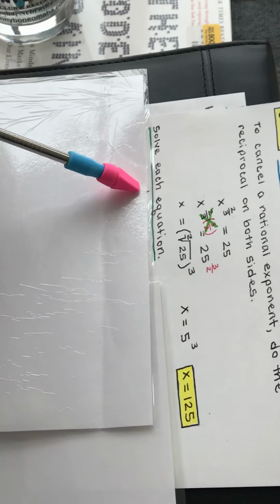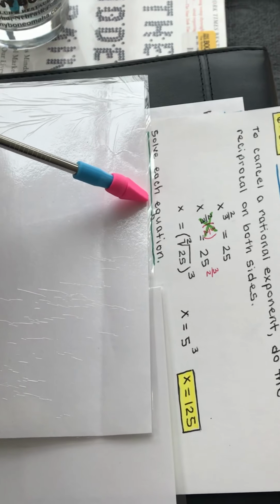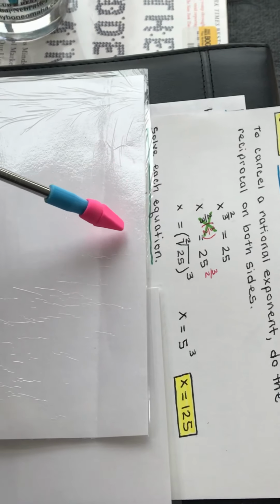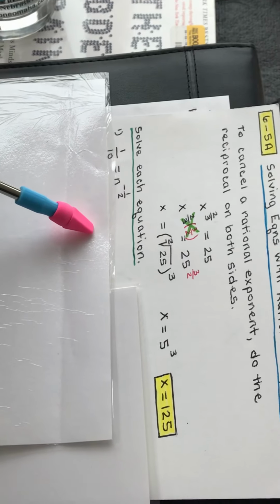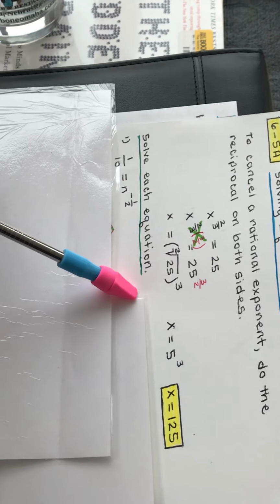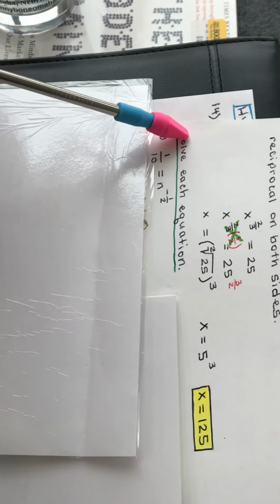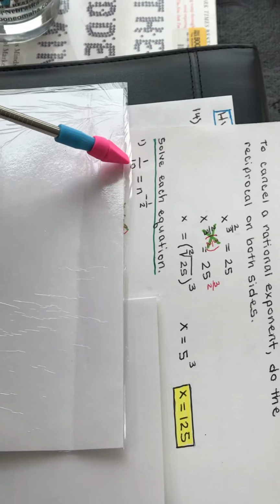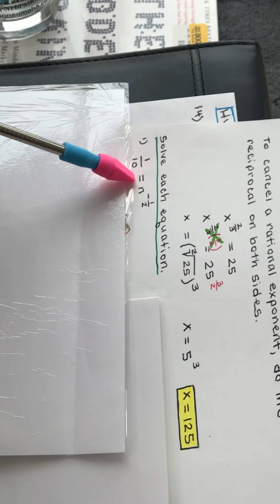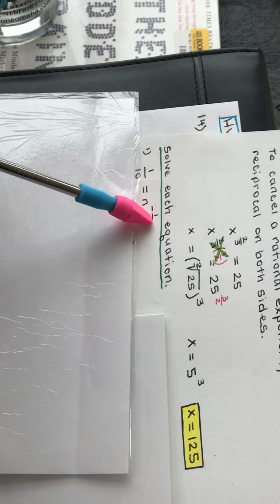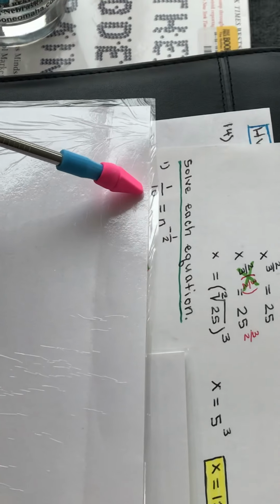All right, let's solve an equation real quick. In your notes, write down these directions: solve this equation. Here's my first example: 1/10 equals n to the negative 1/2 power.